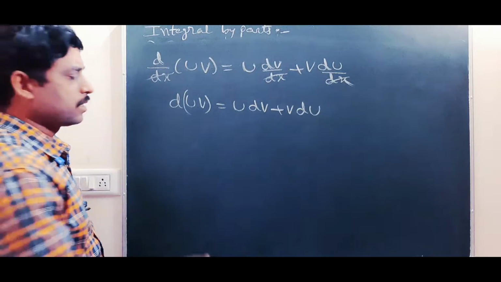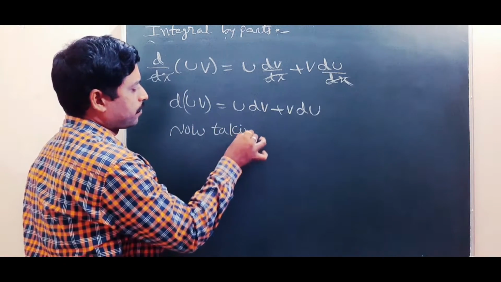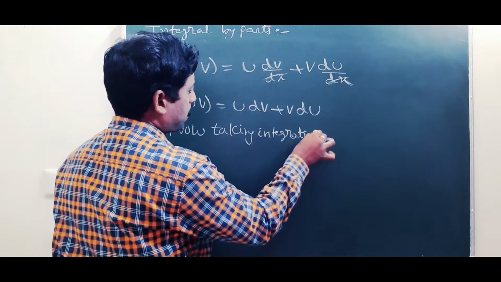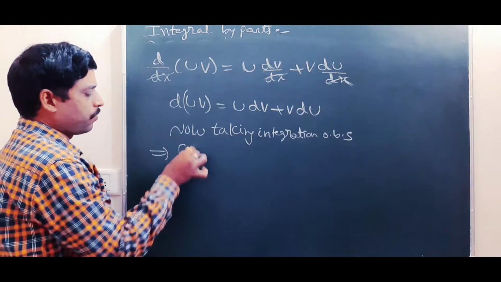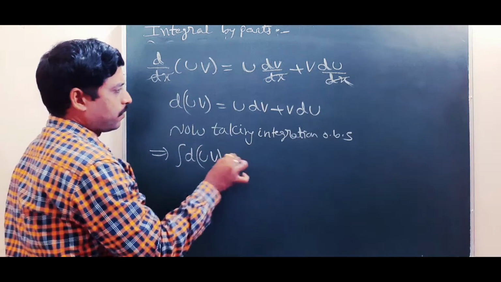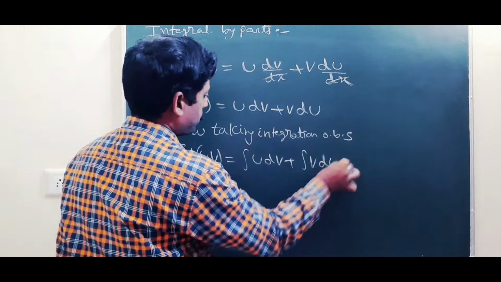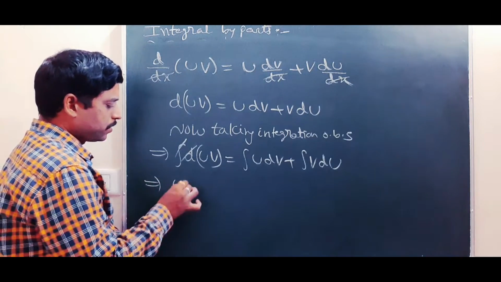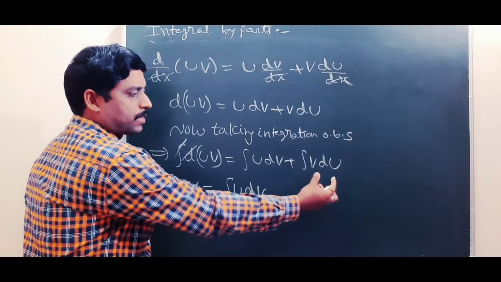Now taking integration on both sides, it is going to be integral d of uv equal to integral u dv plus integral v du. So derivative and integration get cancelled: uv equals integral u dv plus integral v du.